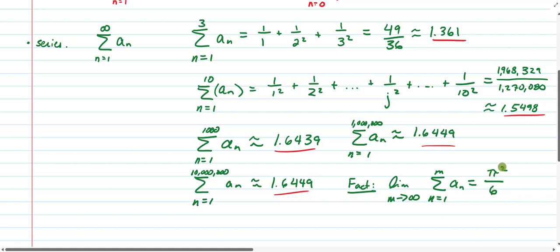And that's what we're interested in, the situations where when we take the limit as the upper limit goes to infinity, we actually get a finite value. So we can say, as shorthand for all this information, that this series right here is equal to the value pi squared over 6.